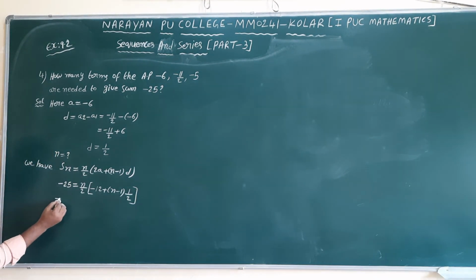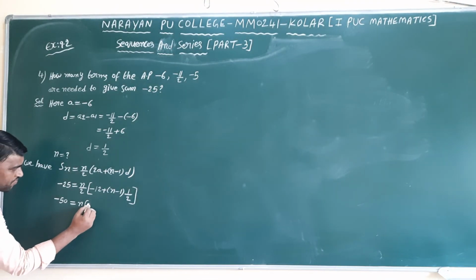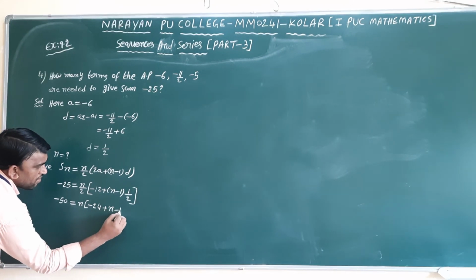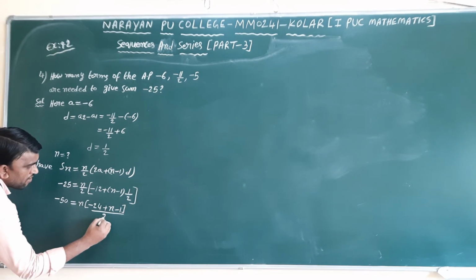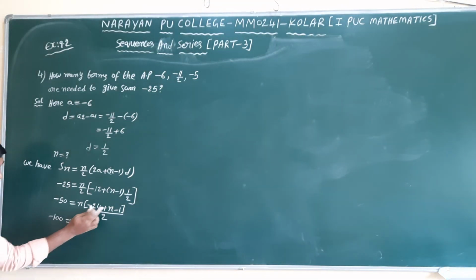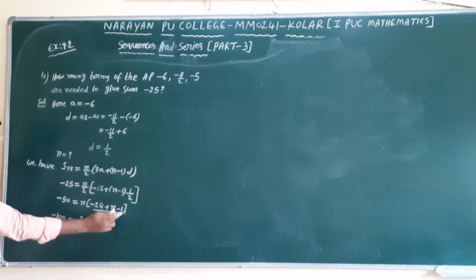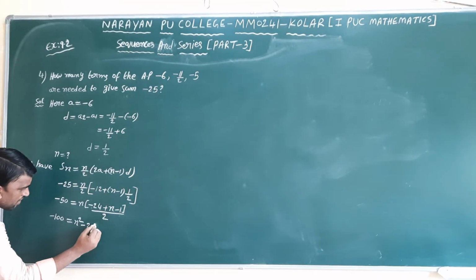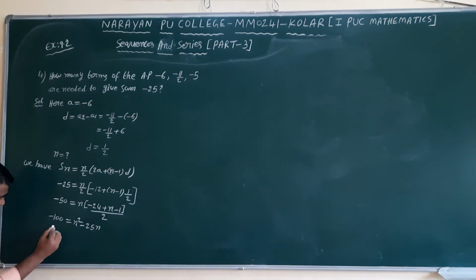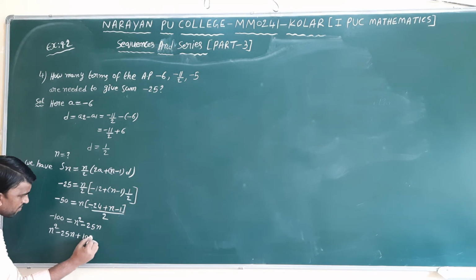The 2 values send here: minus 50 equal to n into, take LCM, minus 24 plus n minus 1 divided by 2. Again the 2 sends to the left side: minus 100 equal to n into n, n square, minus 24 minus 1 is minus 25, minus 25 into n, minus 25n. So minus 100 send to the right side: n square minus 25n plus 100 equal to 0.